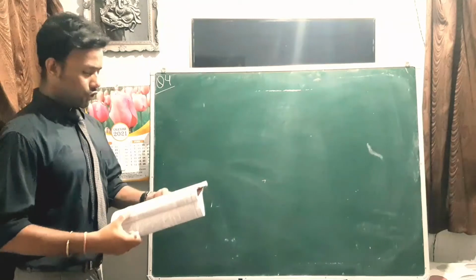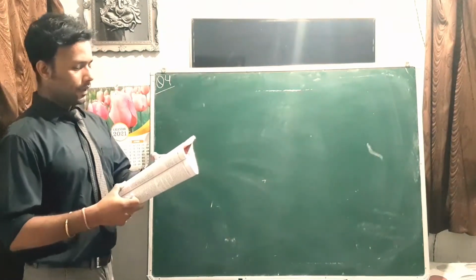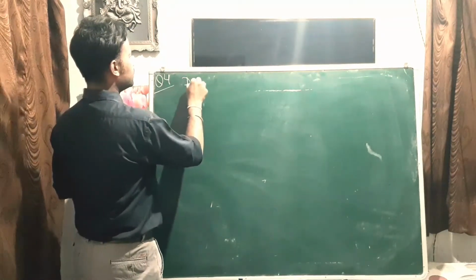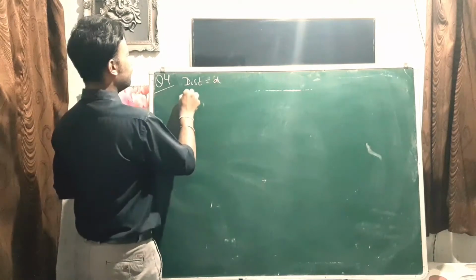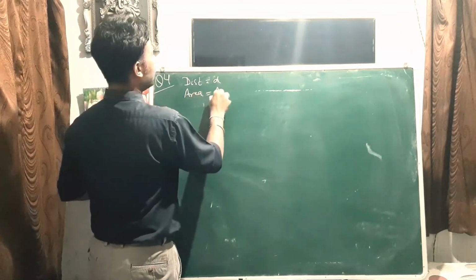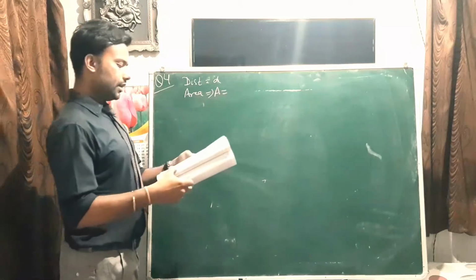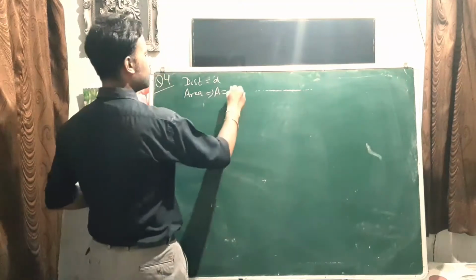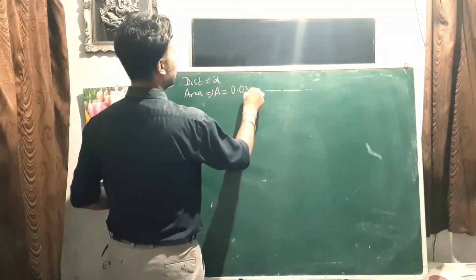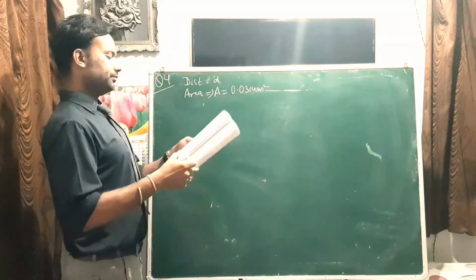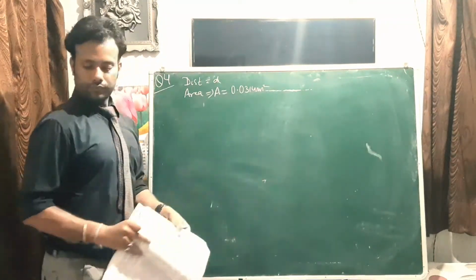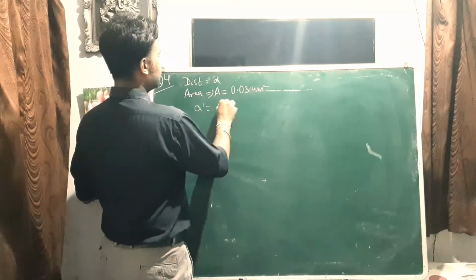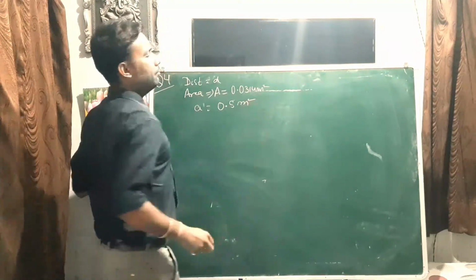So in this question, the data we have is the distance between the plates is d, the area of the plates A is given, A equals 0.0314 meter square, and that's it. And the sphere conductor radius is 0.5 meter.